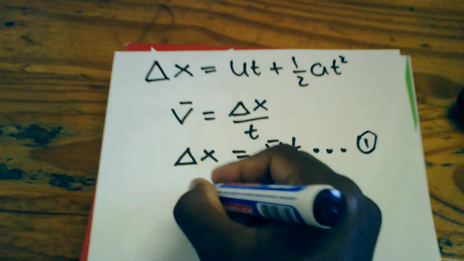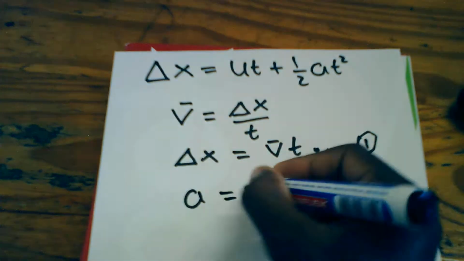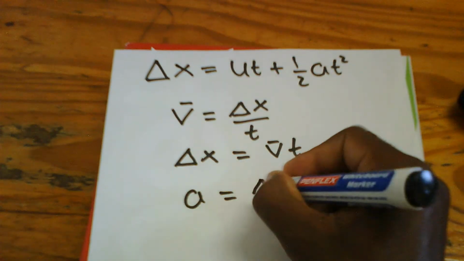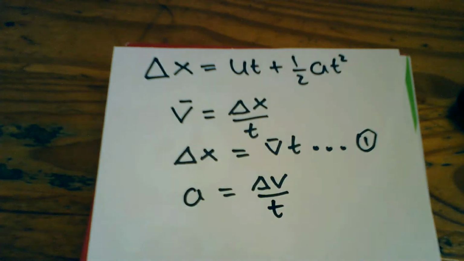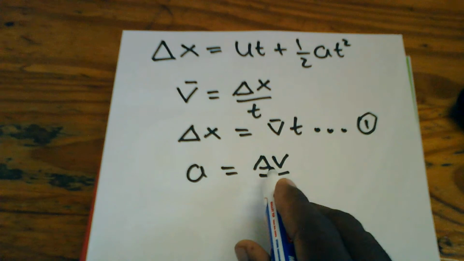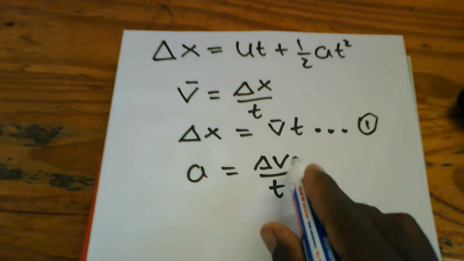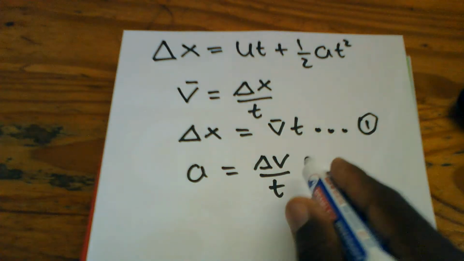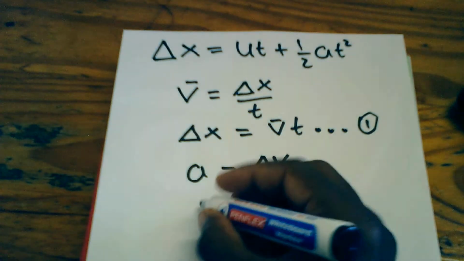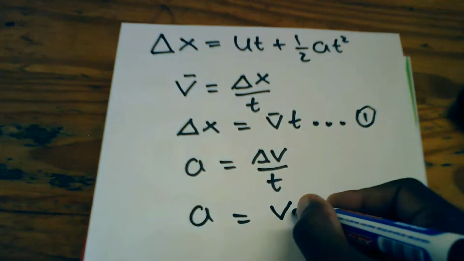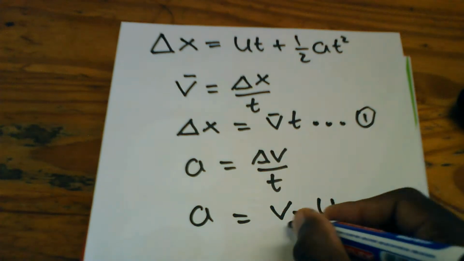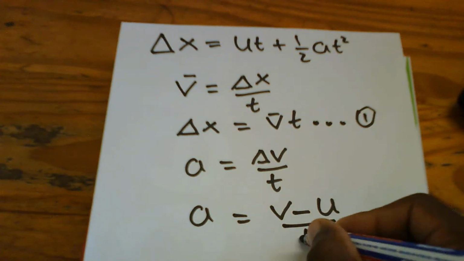Secondly, the acceleration is equal to the change in velocity divided by the time. Now you know that the change in velocity is the same as saying the final velocity minus the initial velocity. This means that the acceleration is equal to the final velocity minus the initial velocity, divided by the time.